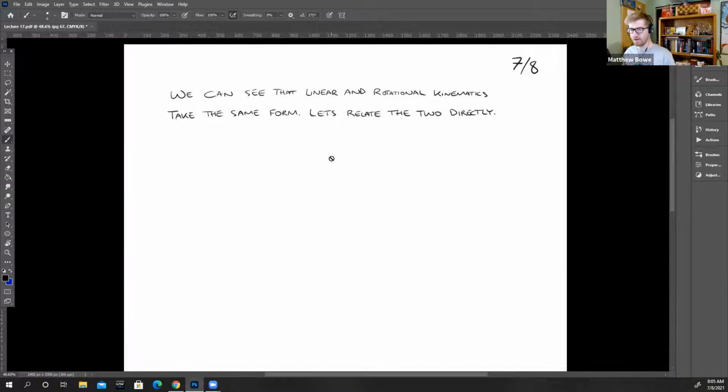Okay, so they look very similar. How do we go from one to the other? Well, let's first look at what a tangential velocity is like. You're on a curved path, something that's moving along a curve, and say, using my hand, there's the curved path.